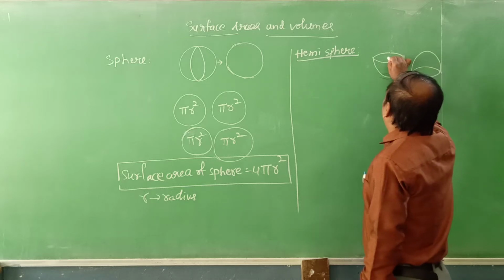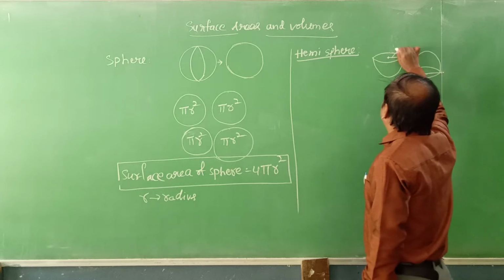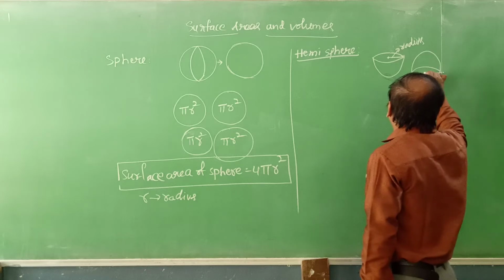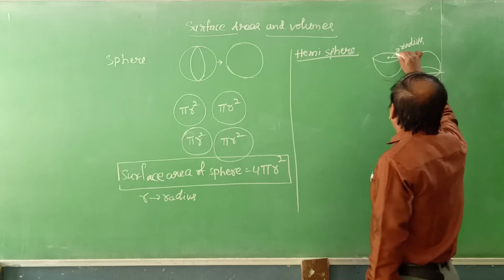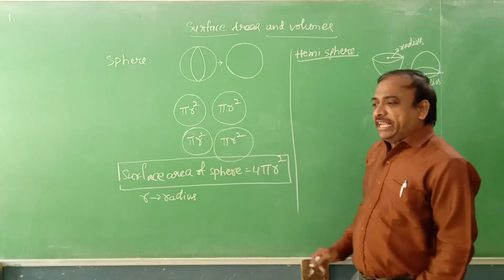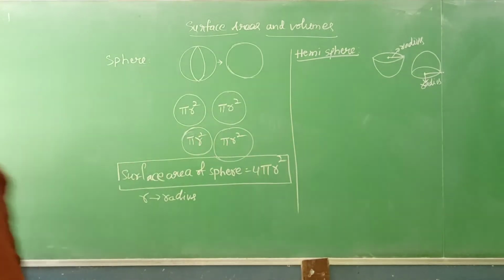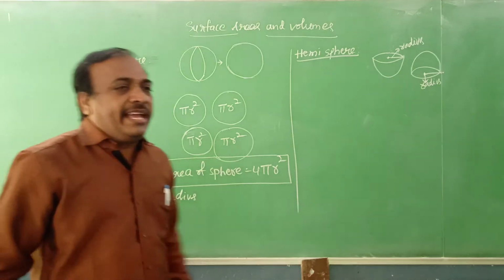What do you call from here to here? Radius. This part is called the radius of the hemisphere. Now, the sphere has no CSA, only total surface area, that is 4 pi r square.